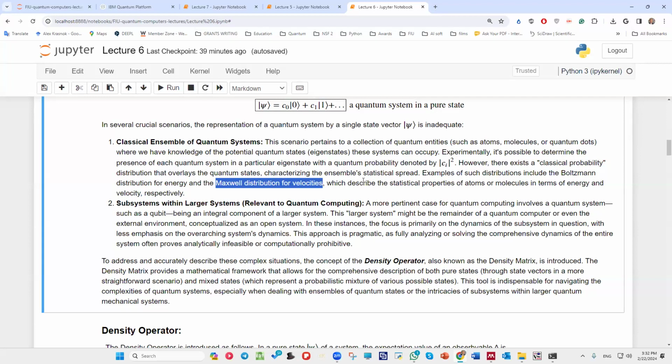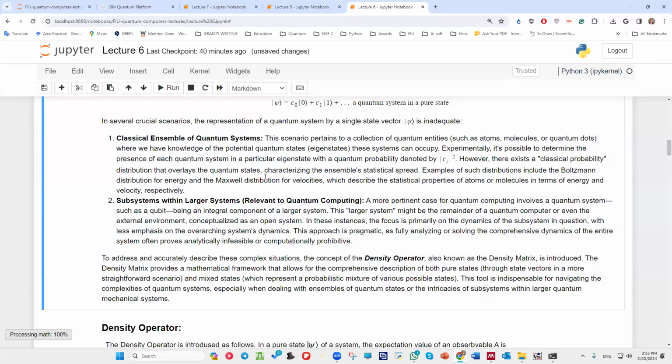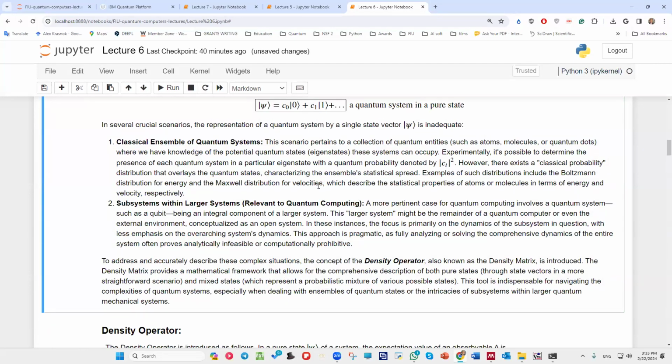Molecules actually move with different velocities. The probability that one particular molecule in a gas, or some number of molecules, will have a particular velocity, or a velocity less than a certain value, is given by the Maxwell distribution.